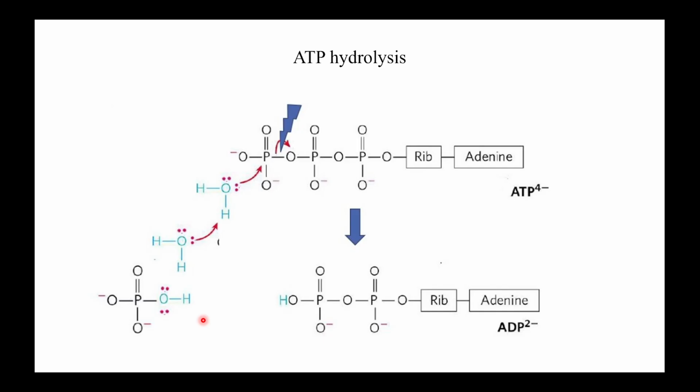In those two new molecules, the water molecule itself will break and add. So here you can see the H2O is breaking into H and OH. This H is attached to the ADP and OH is attached to the inorganic phosphate. So this is a hydrolysis reaction. This is how ATP hydrolysis occurs.